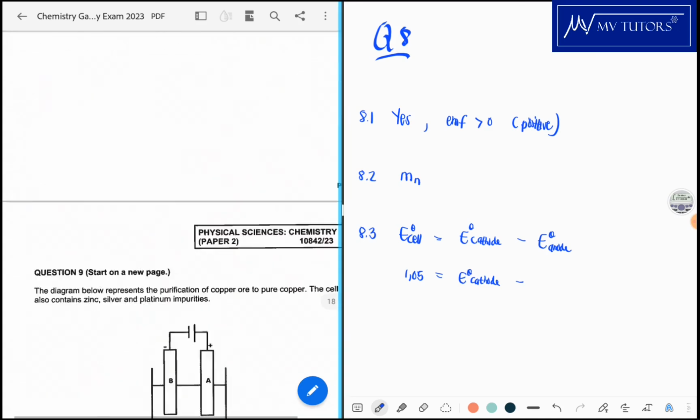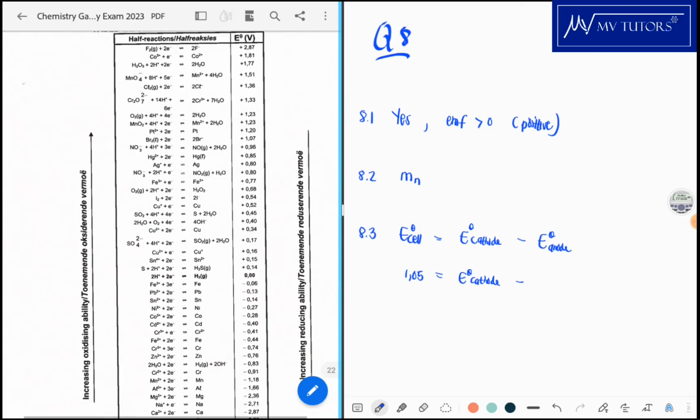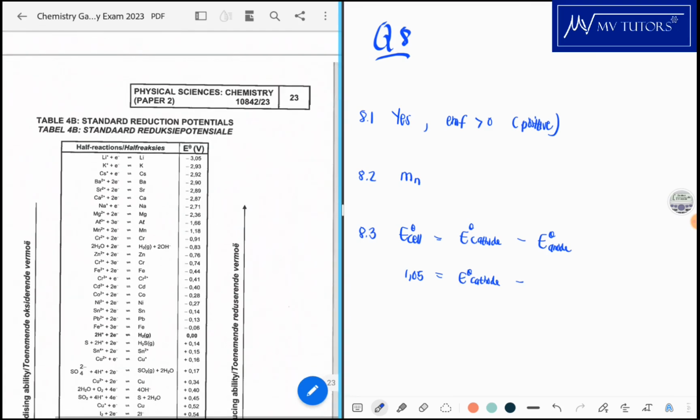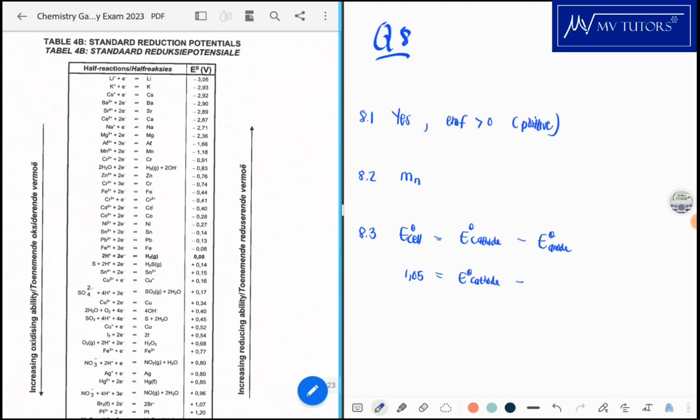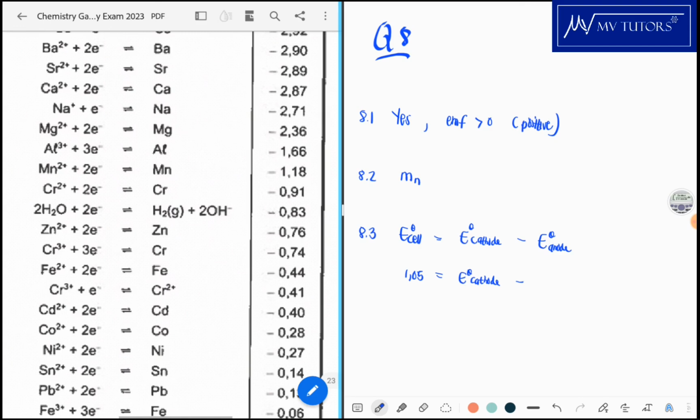For manganese, we're going to go to the table of standard reduction potentials. Most of you are used to table 4B. Let's have a look for manganese, and I see it right there. There's manganese, and we have negative 1,18. So what is the reading for the cathode?